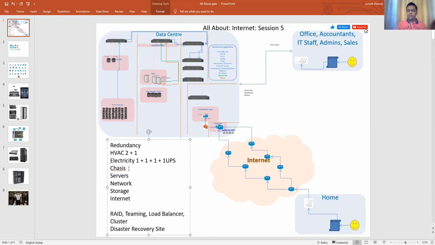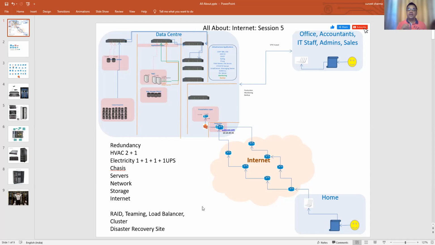That is the purpose of having two electric points in all of the servers, chassis, network devices, storage, right? So that is the redundancy of the electricity in all of these devices. On top of that, we have to configure the cluster and the RAID. So eventually it will become a more robust system.